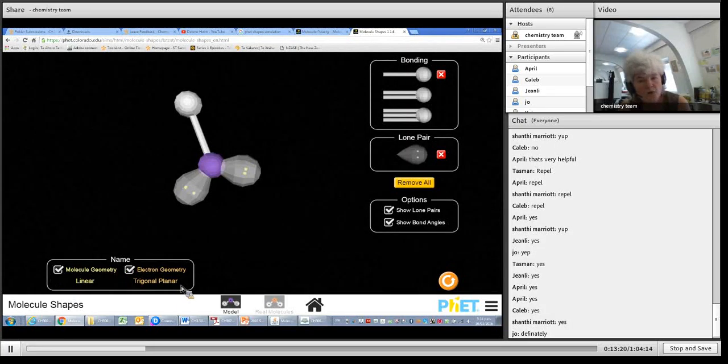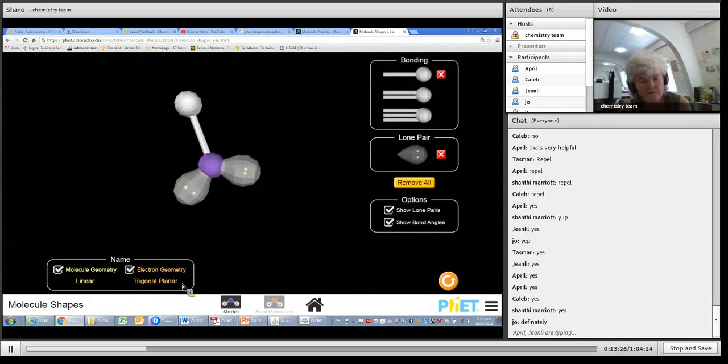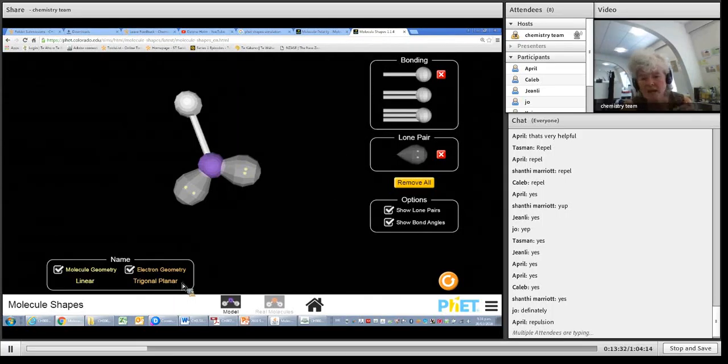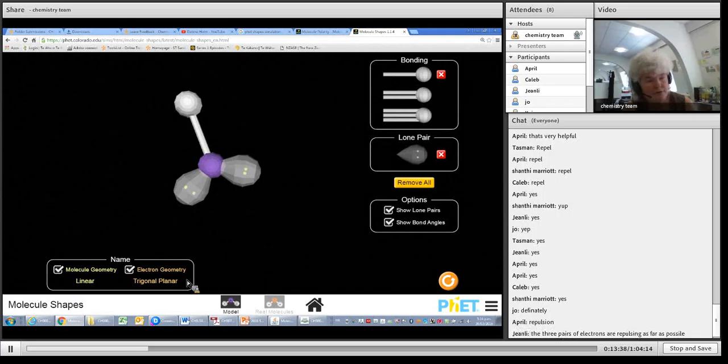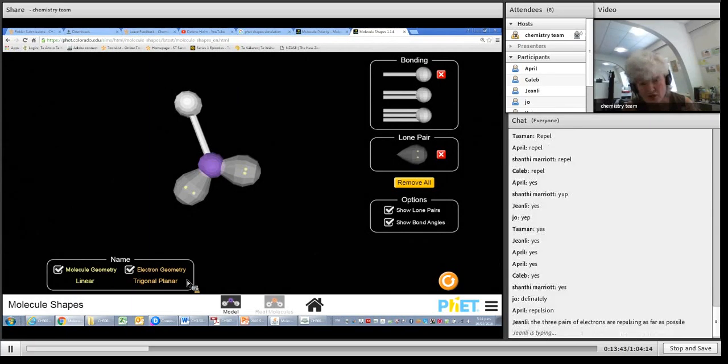Now, why would that be? Okay, because there's repulsion. We've got 3 areas of negative charge. That's why I say whenever you have to discuss shapes, you have to first draw the Lewis structure so you know how many bonding and non-bonding electrons there are, and then you hone in on how many areas of negative charge, because they're going to repel each other.